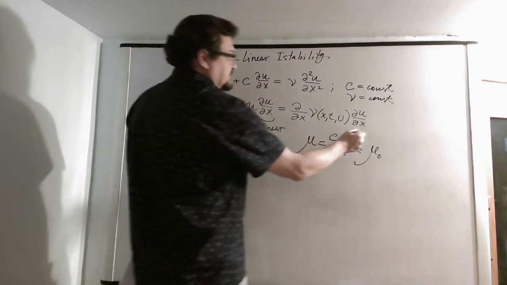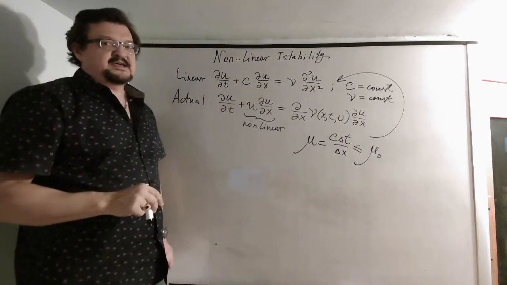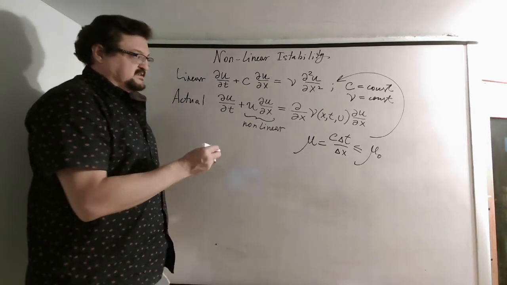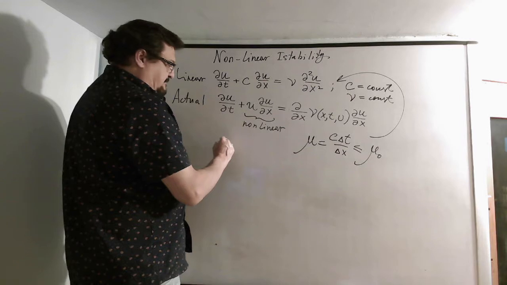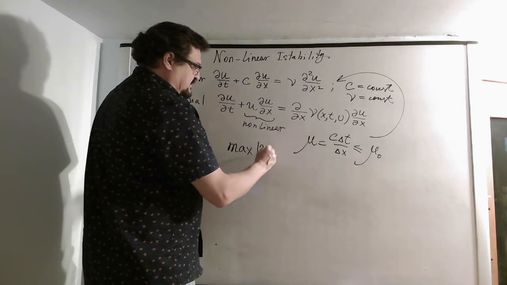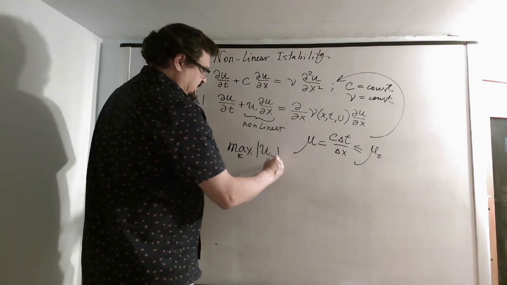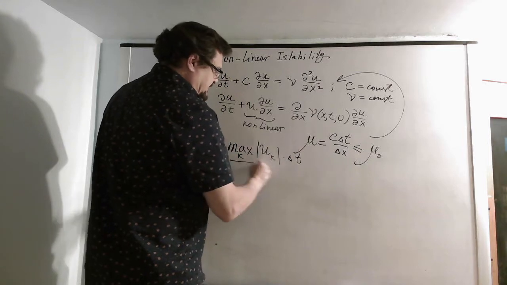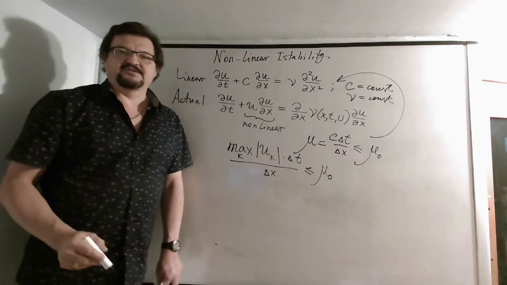So this criterion we derive for the linear equation, and we still apply it for the nonlinear equation, but we assume that instead of this condition, we would use the max of the absolute value of u over all k, so the maximum on the grid, times delta t divided by delta x should be smaller or equal than our linear stability criterion.